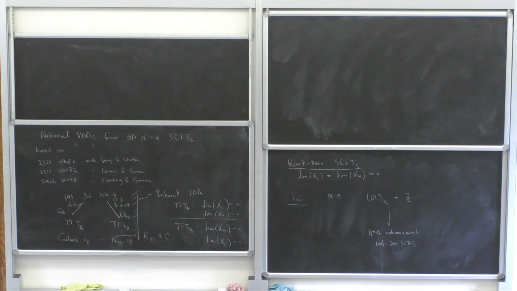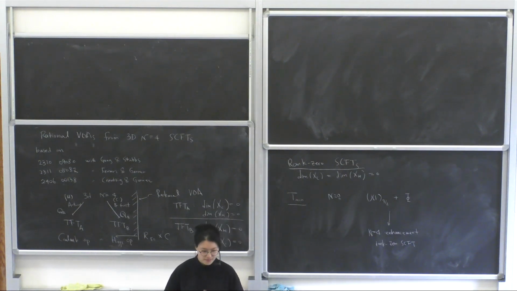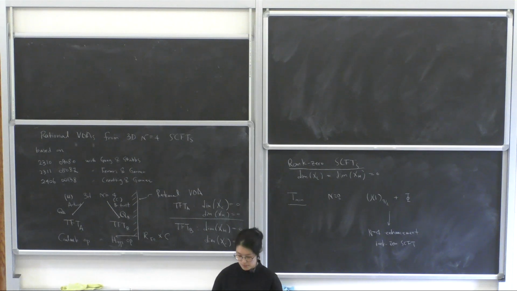So there are these examples and some of the T[SU(N)]. You start from the T[SU(N)] theory and then gauge some of the flavor symmetries to get rank 0 and an enhancement of the supersymmetry at the same time. So those are the known examples so far.